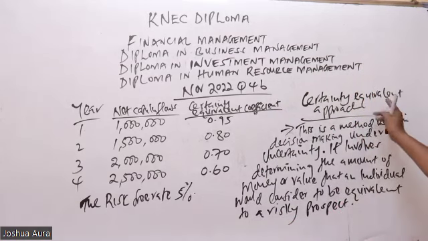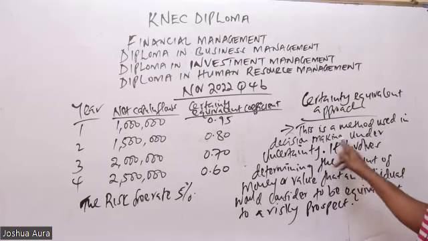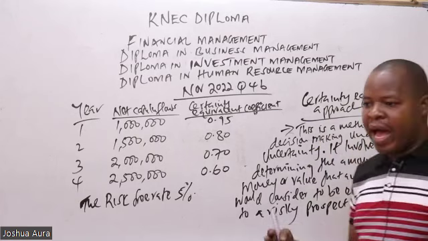So the certainty equivalent approach is a method used in decision making under uncertainty.